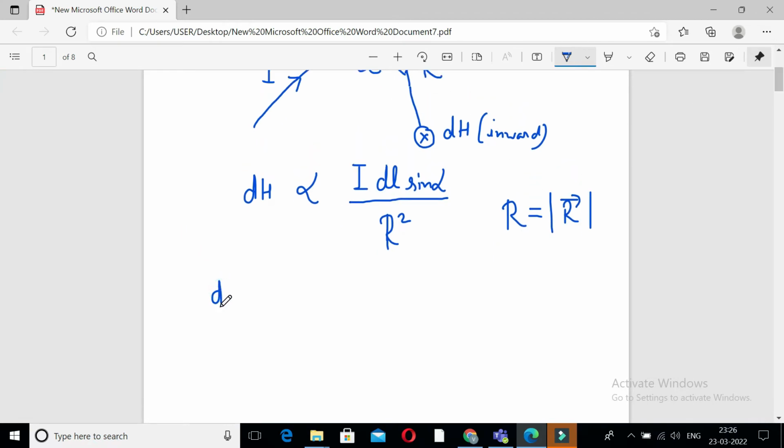If we want to write dH in terms of an equation, then we have to add k, and k is nothing but the constant of proportionality.